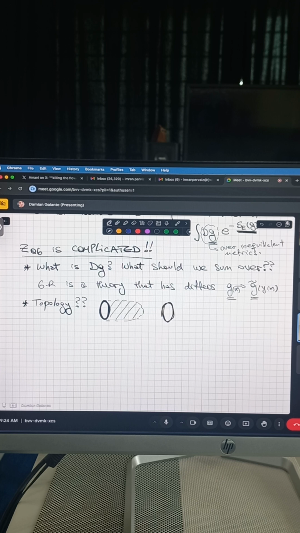Should we include things like this, but also things like this when we have a hole inside, or when we have a handle? Should we take into account these things in the gravitational path integral, and if so, how do we do it in the proper way?